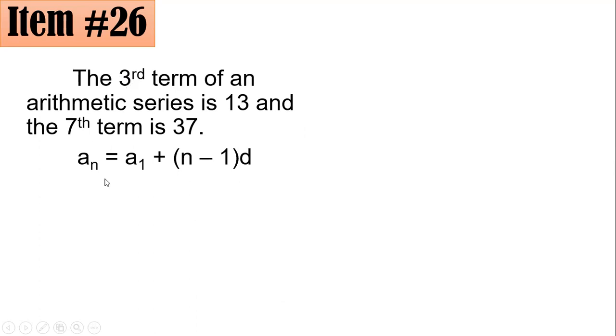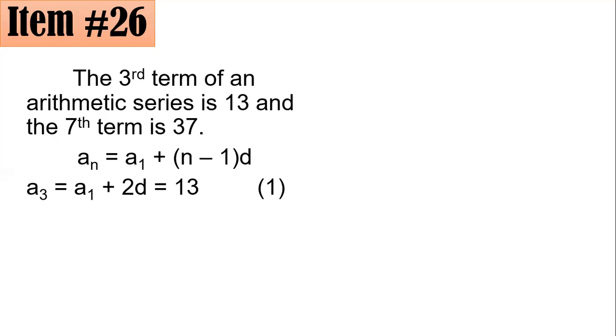Replacing all n's with 3, we arrive at a sub 3 equals a sub 1 plus 3 minus 1, that's 2, times d, so 2d. So the third term is a sub 1 plus 2d, which is specified as 13.